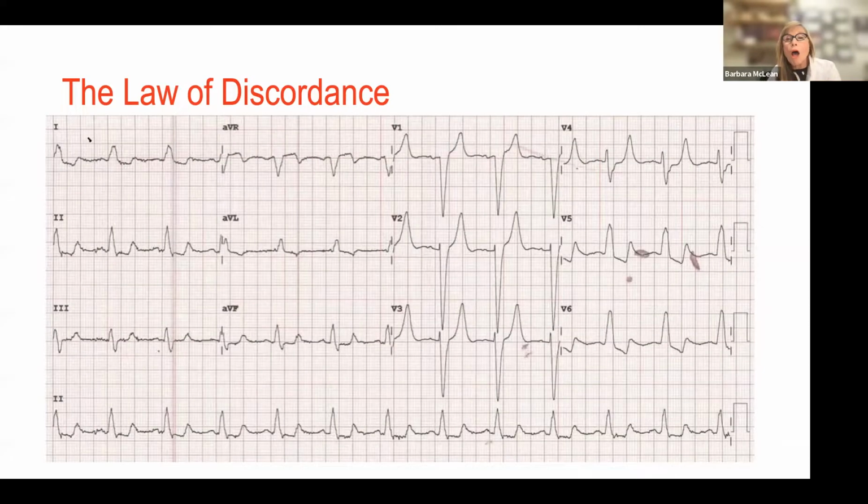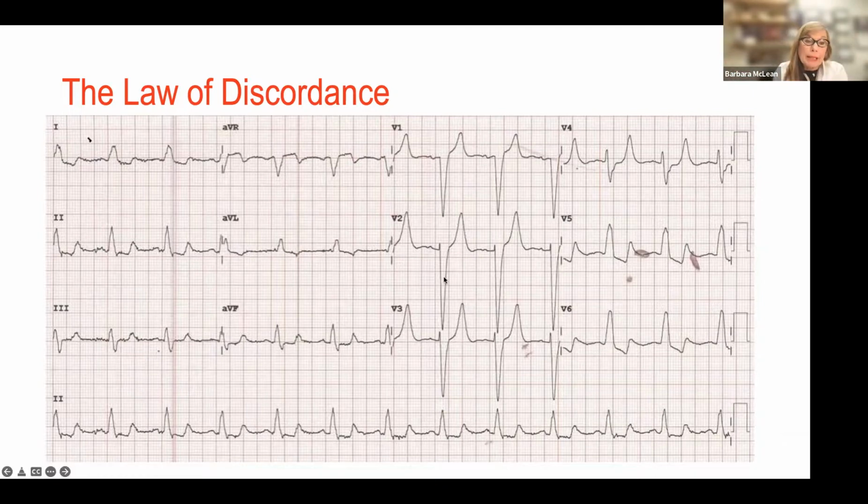The law of discordance. Okay. I have a bundle branch block here, and I see my ST segments are down. My T waves are upright here, but my ST segments are in the opposite direction. They should have been flat, but they're down, right? Down or flat. They should never be elevated.